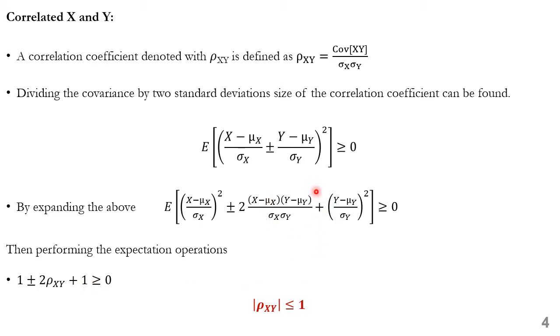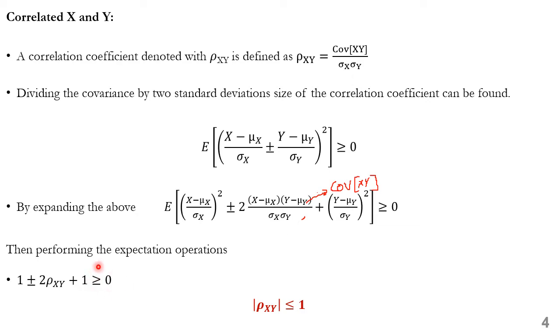Now the cross term is equal to rho xy, because the numerator term is the covariance of xy, divided by the standard deviation terms. Therefore, we can write this as 1 plus or minus 2 rho xy plus 1 greater than or equal to 0.